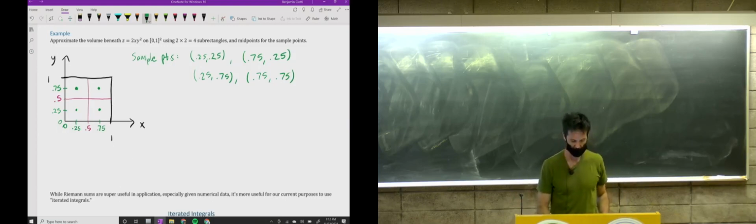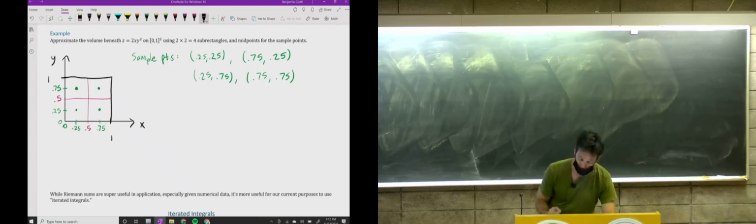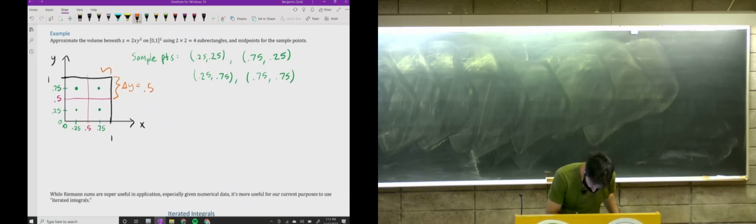Now I just need to evaluate the function at those 4 points and multiply by the area of each subrectangle. So let's see. The height of each subrectangle is 0.5. The width of each subrectangle is also 0.5.